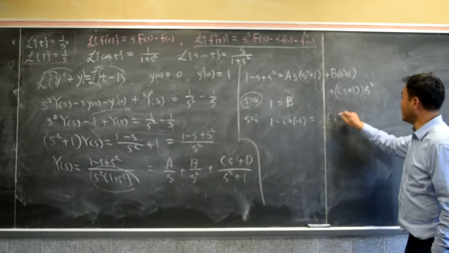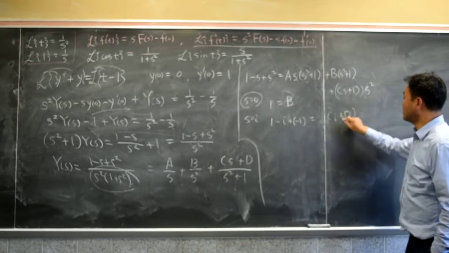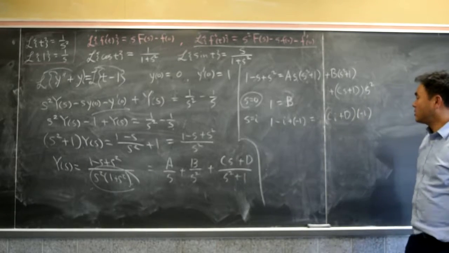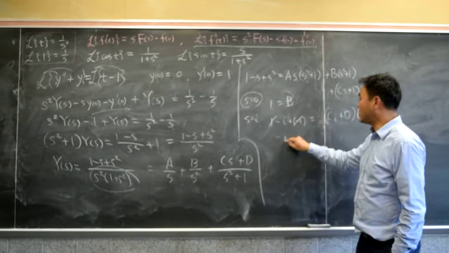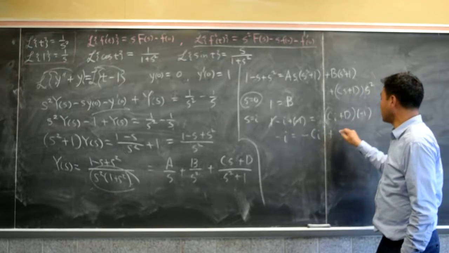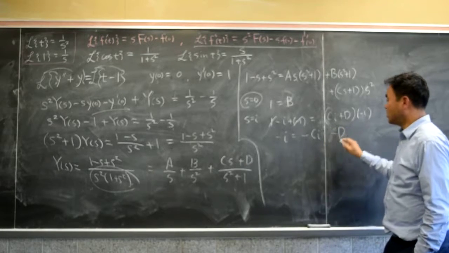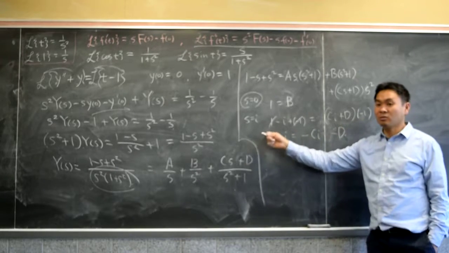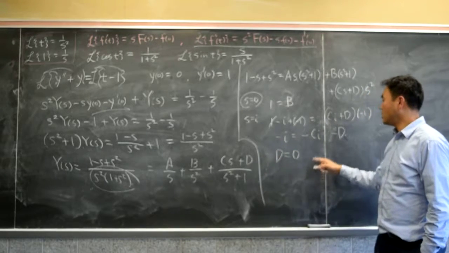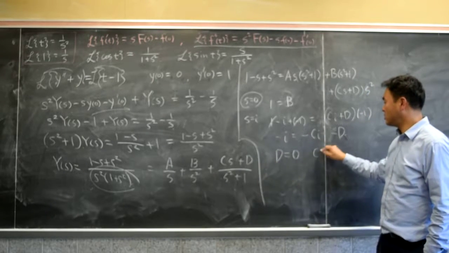That's minus i. On the right, it's Ci plus D times i squared, which is minus 1. So you get minus i equals minus Ci minus D. The real part is 0, so D should be 0. And C should be 1.